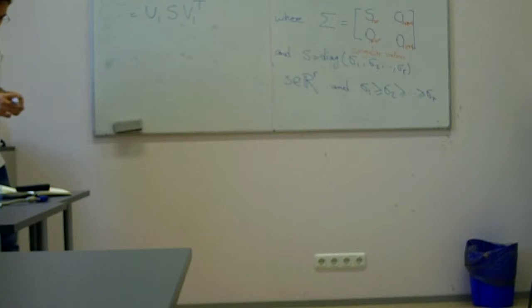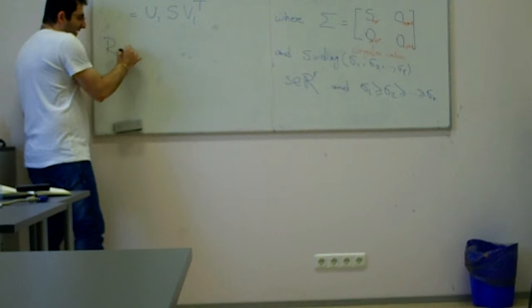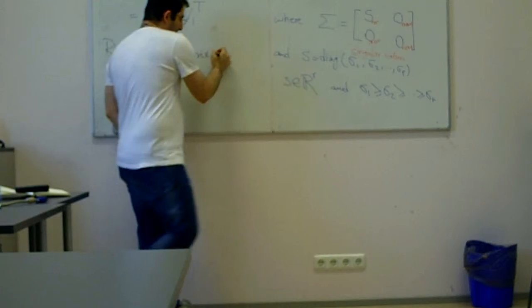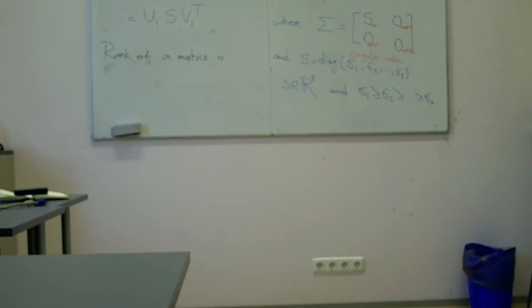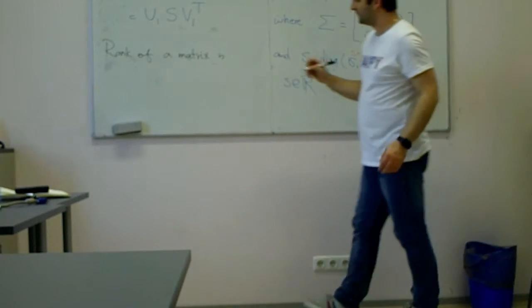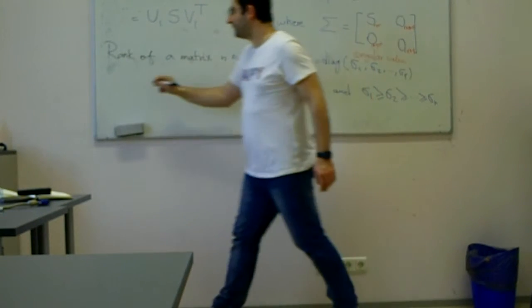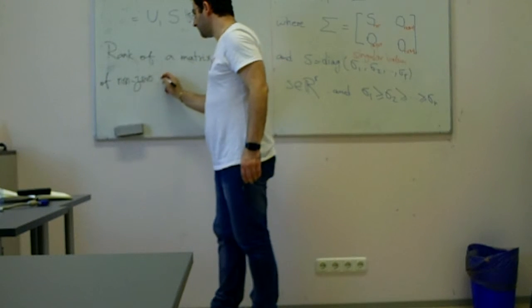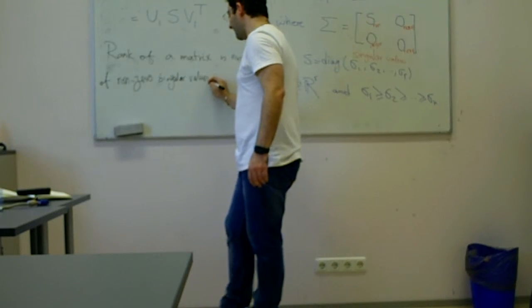So from here, I can get this conclusion. What is the rank of a matrix? From all these things that I have written, what can be understood about the rank of a matrix? It is the number of non-zero singular values.